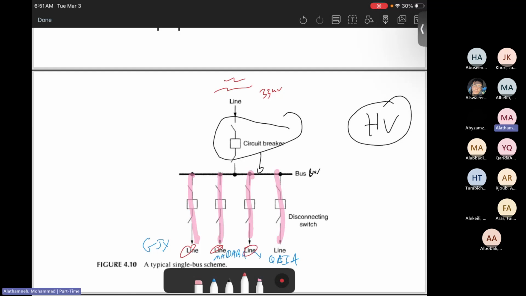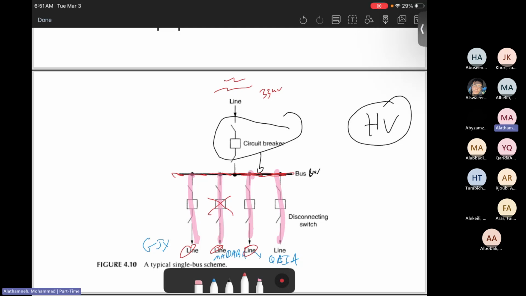Here we can notice that it's called single bus. There is only one bus, and there's a circuit breaker for each line. Why is there a circuit breaker for each line? Because if there's something wrong with a line, for example the Madaba line, we will disconnect the power from Madaba.